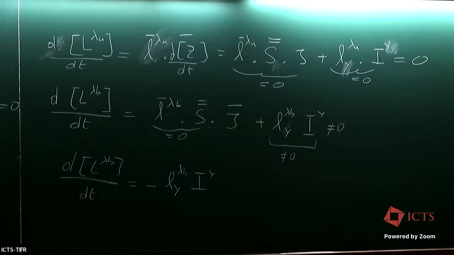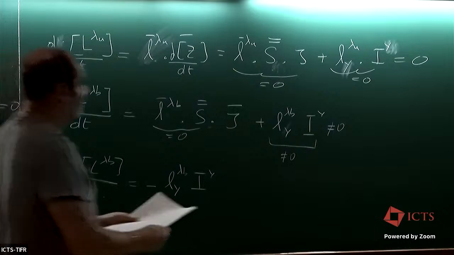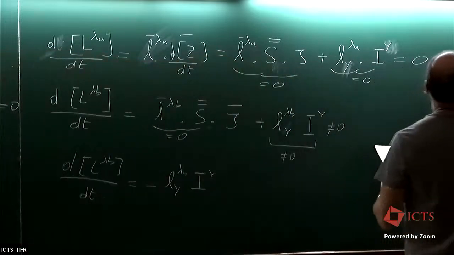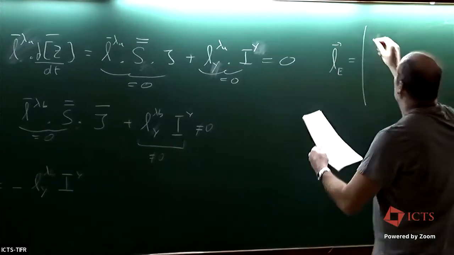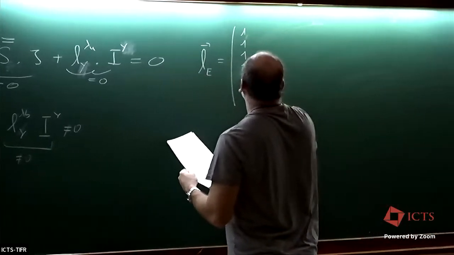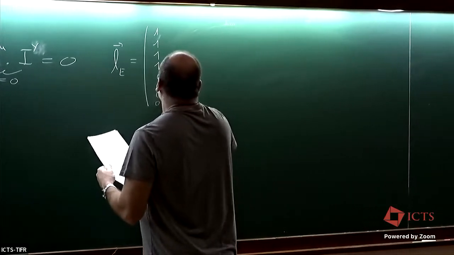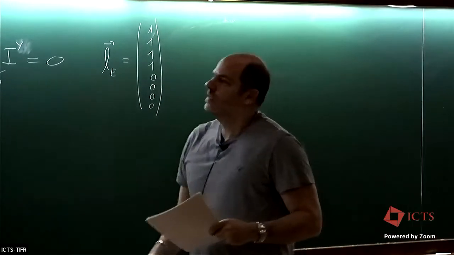So let's go back to this guy. A new check. First statement, this is an unbroken conservation law, this vector that I'm drawing here: 1, 1, 1, 1, 0, 0, 0, 0. Now do the test.